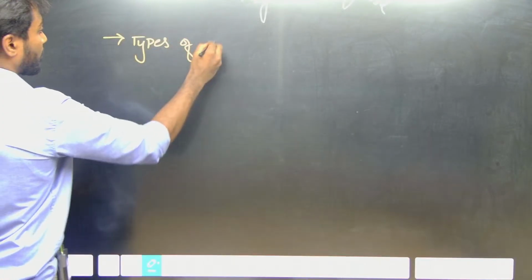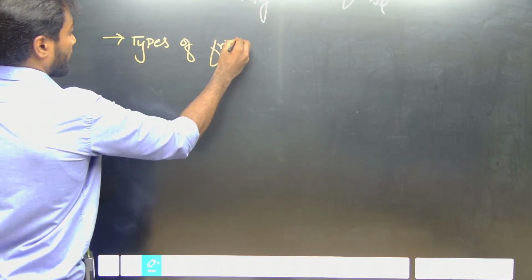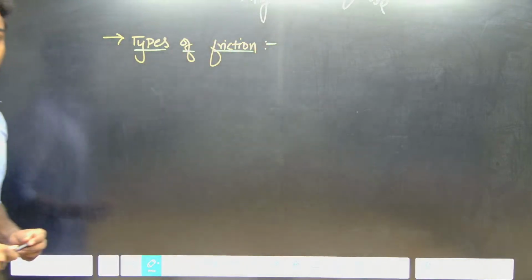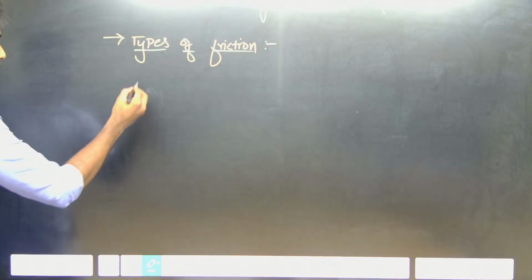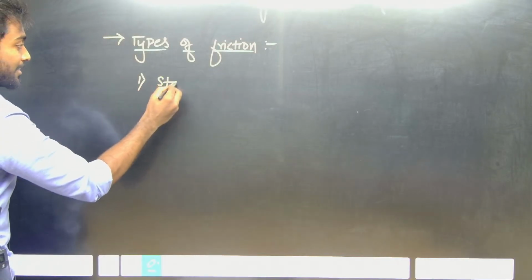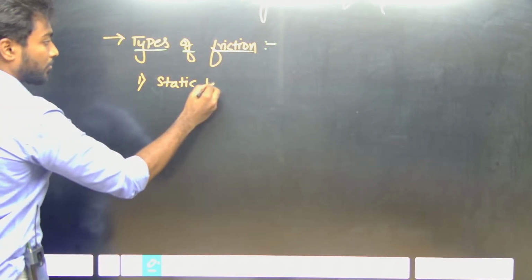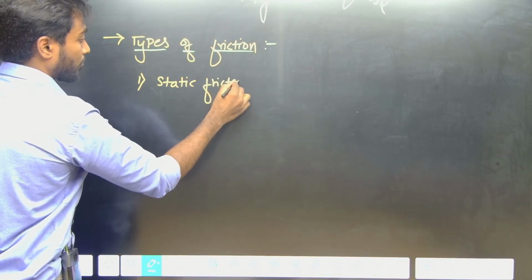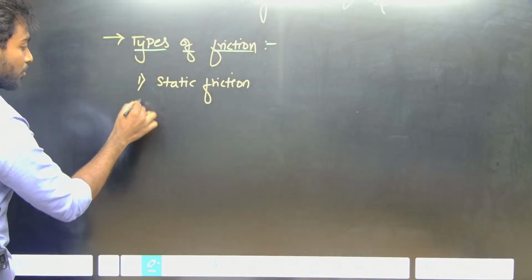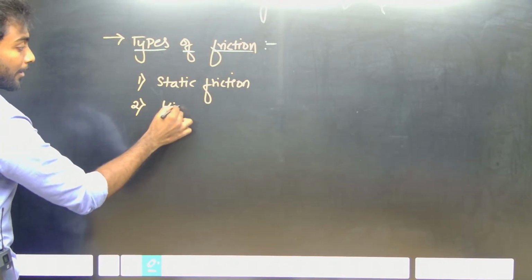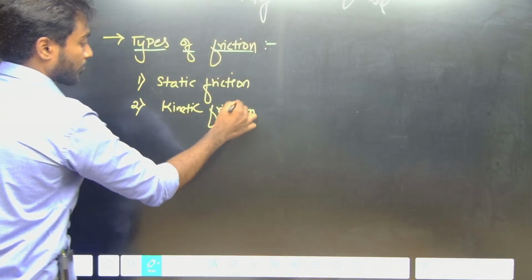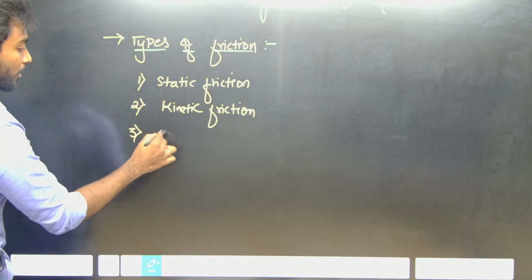Types of friction: the first one is static friction, the second one is kinetic friction, and the third one is rolling friction.